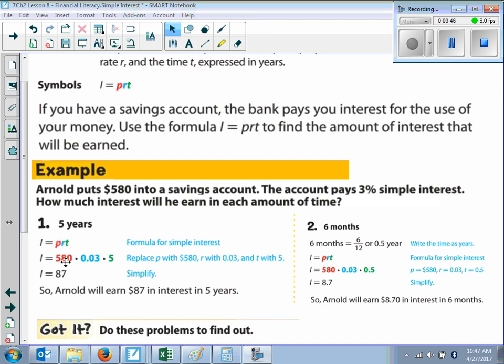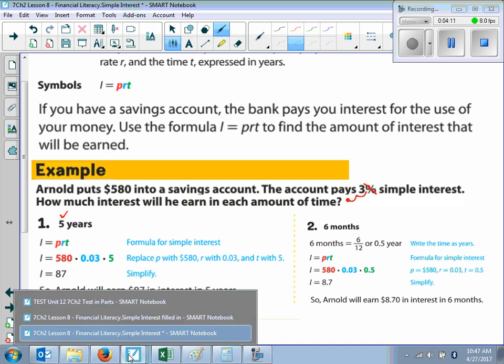We substitute, the P is the principal, that's $580. The interest rate, the R, is 3%. Don't forget, when you put the percent into the equation, you must change that percent to a decimal. So that's going to be 0.03 times the amount of years. So in the first example, it's 5 years. So we're multiplying times 5.